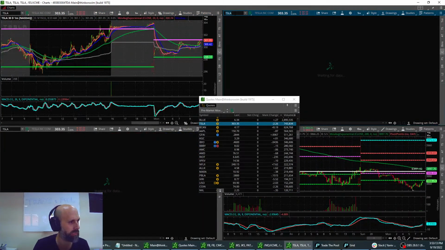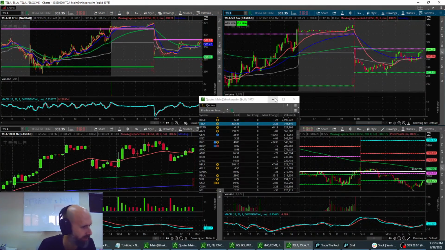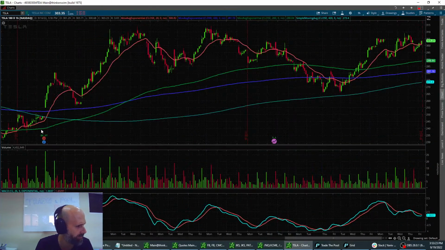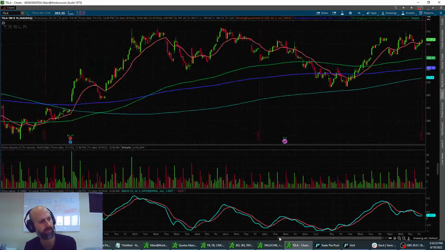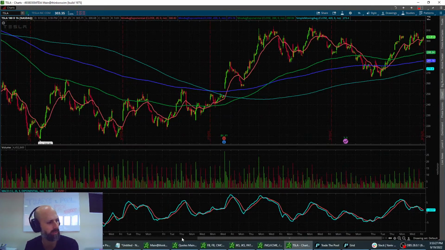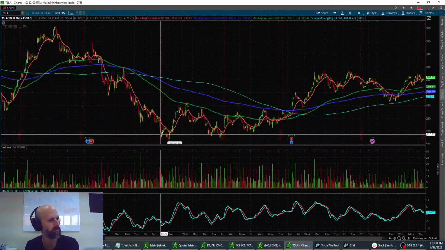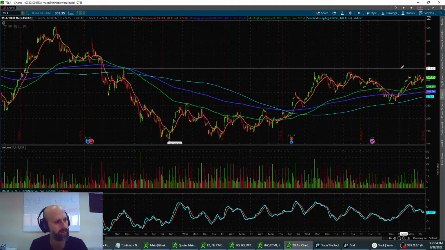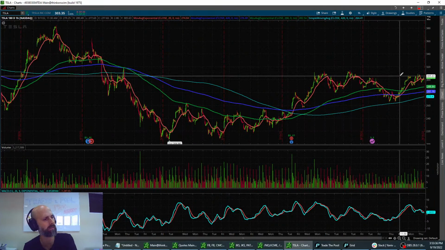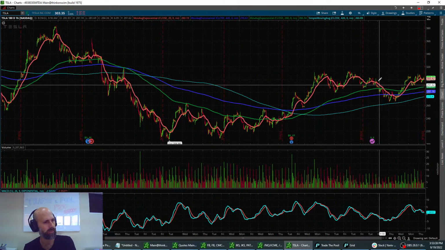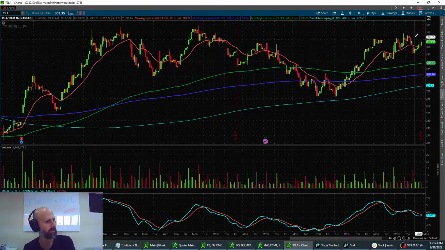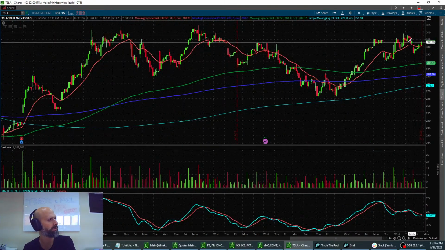Okay, we start with Tesla. $2 to the downside. It's not a lot for Tesla. And remember that, generally speaking, it got some great momentum to the upside, moving up from around 200, like $100 in less than 2 months. So we are reaching a great resistance level here that we might push through.